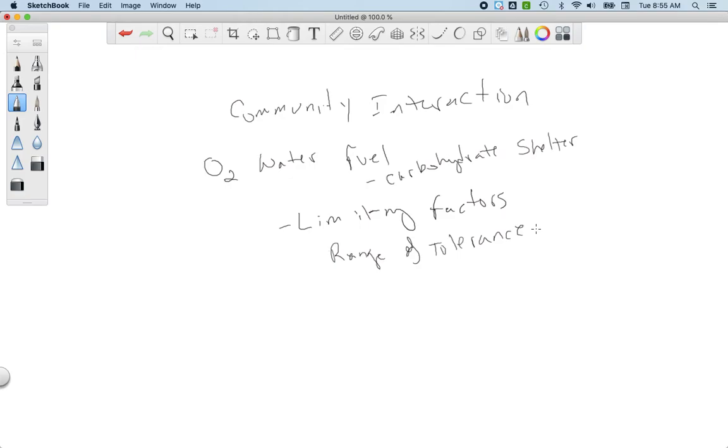So we can survive, for instance, in an atmospheric pressure that goes from not too far below sea level to not that far above sea level, because at those atmospheric pressures we're not going to get the required amount of oxygen we need to get. So we have a range of tolerance for things like temperature, pressure, oxygen levels.